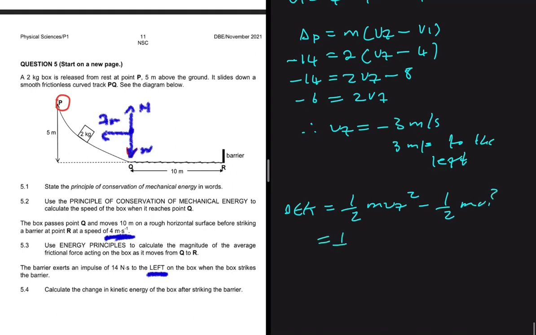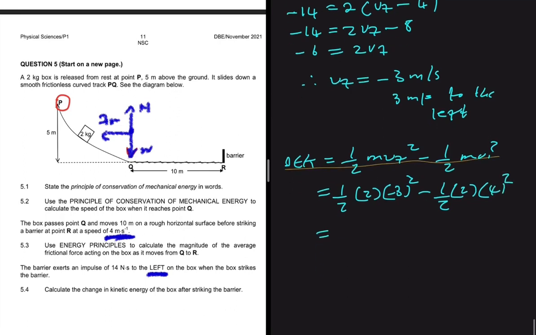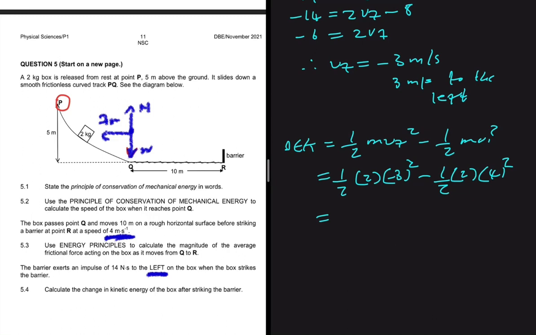So we're going to have a half, the mass is 2 kgs, vf is minus 3 squared, minus a half, the mass is 2 kgs, and vi is 4 meters per second. And then now it's just a matter of putting that in the calculator. Minus 7 joules.